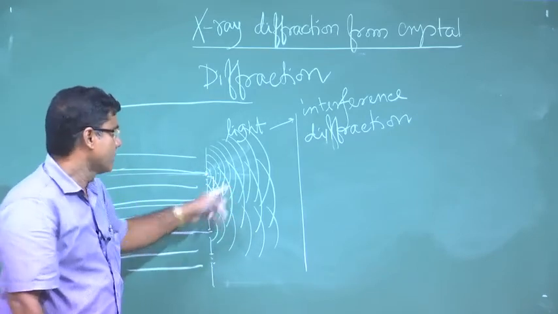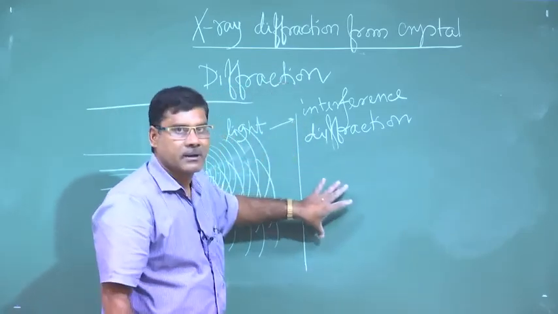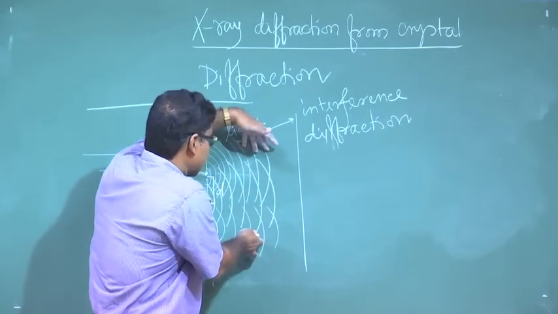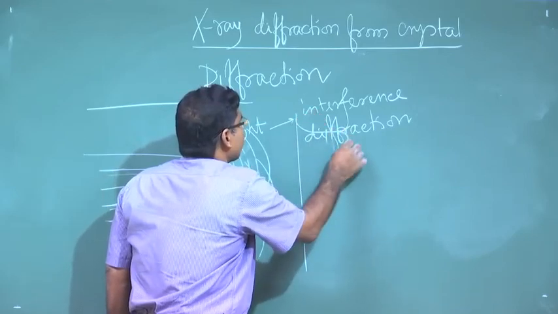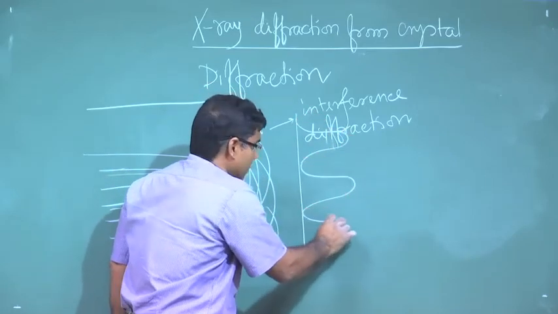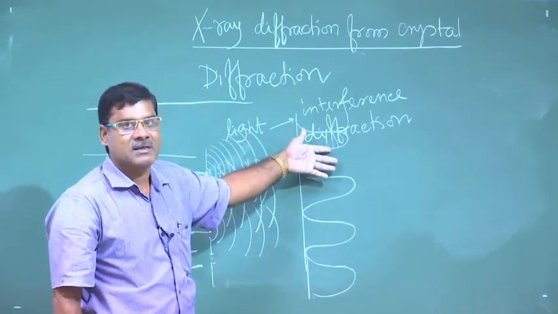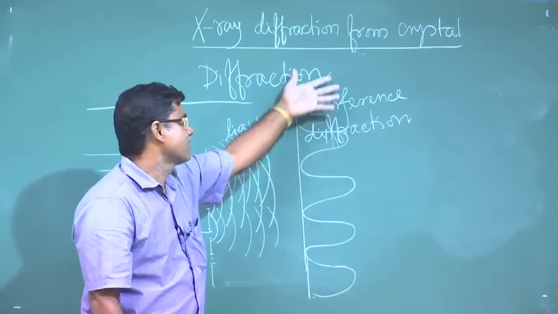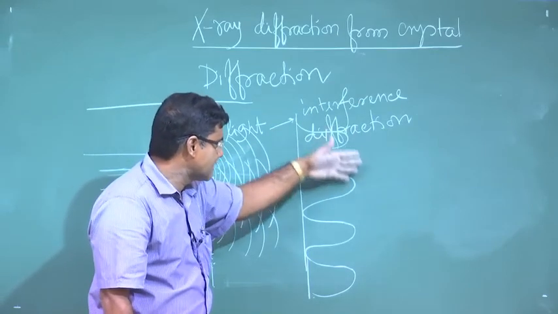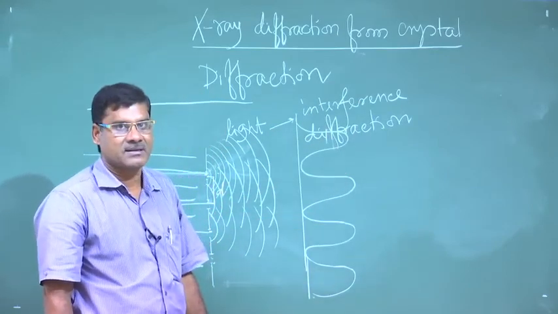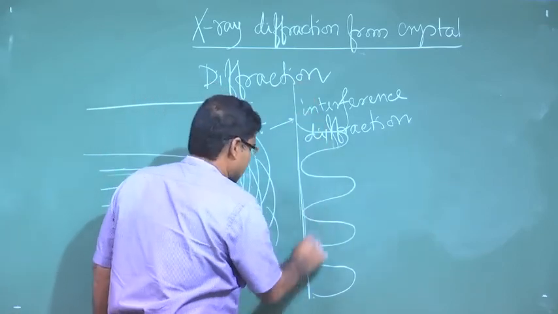Here we get interference among these secondary waves, and in the case of gratings we get an interference pattern, as I drew earlier. But the intensity distribution will not be like that. It is modulated by the diffraction pattern of the single slit.